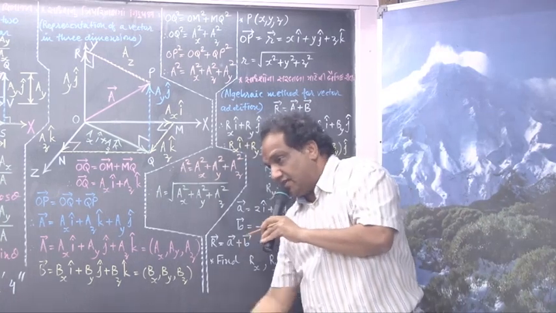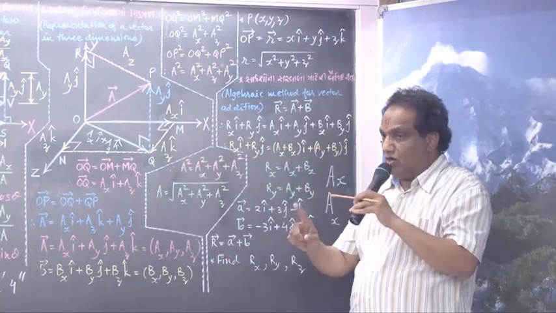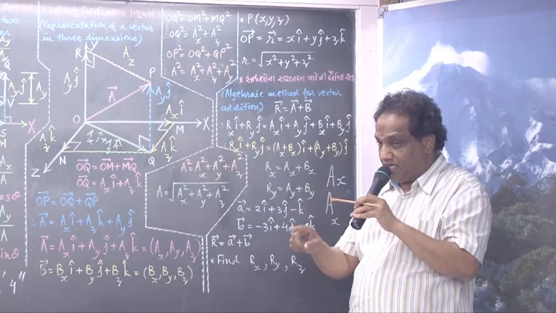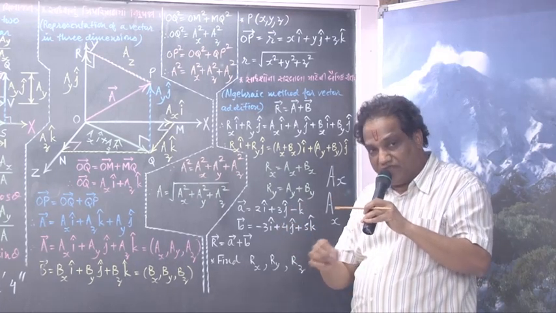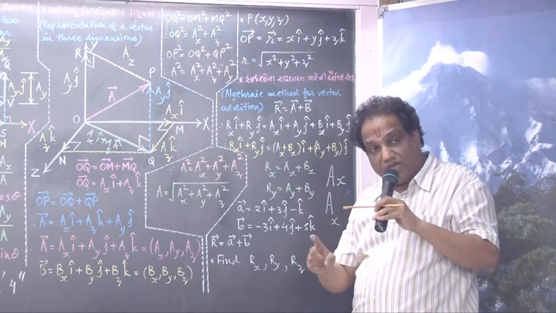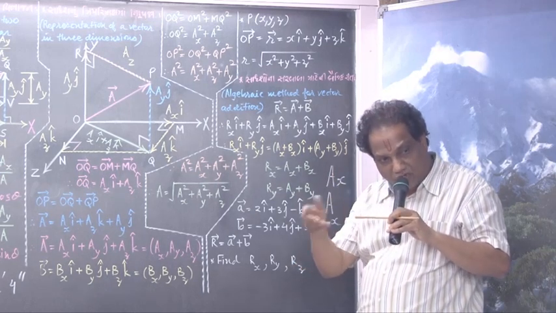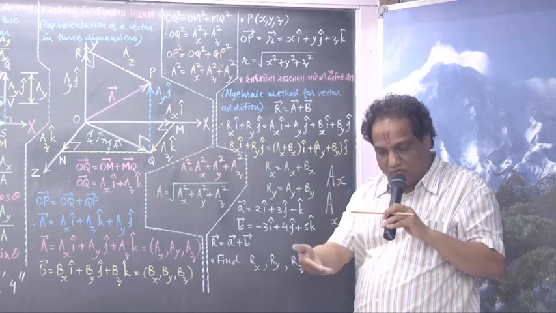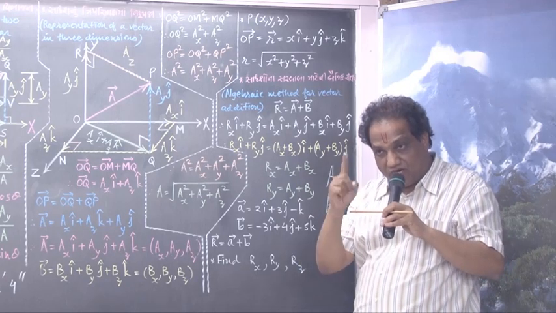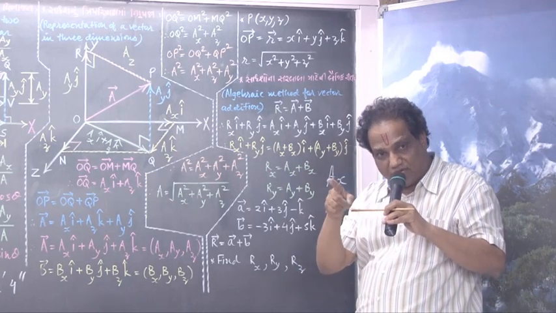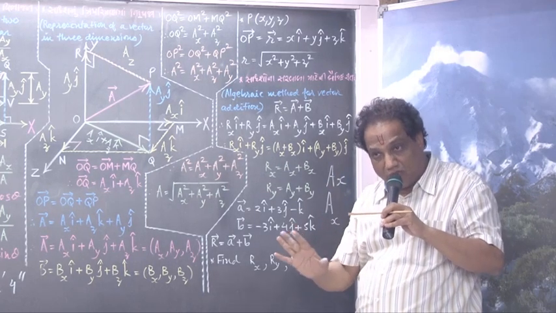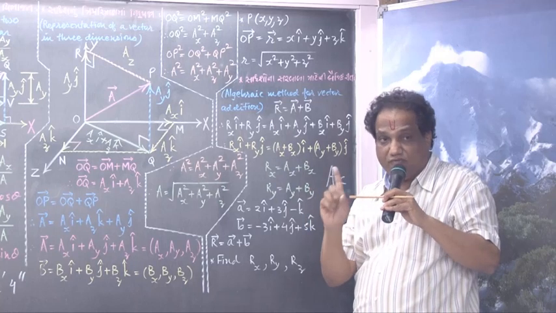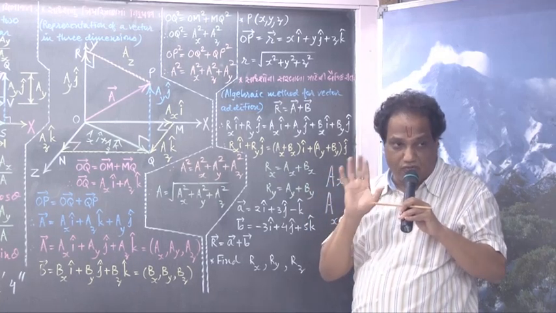When the examiner is checking your paper, you are not there. In your absence, the papers are being checked, so your work will represent you. If your work is rubbish, he will have a very bad impression. He will think that this student is not taking care of the symbols. He may deduct marks for that. Don't allow him to do this.